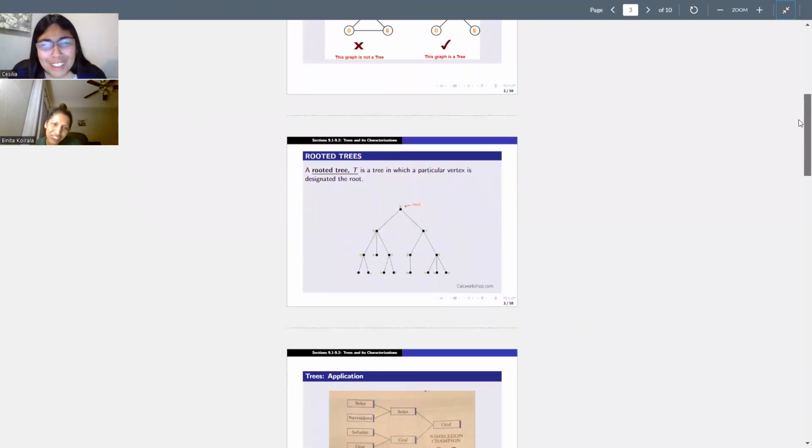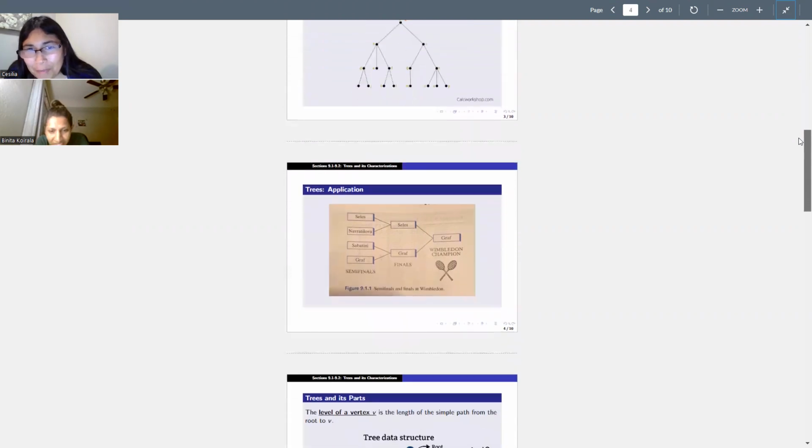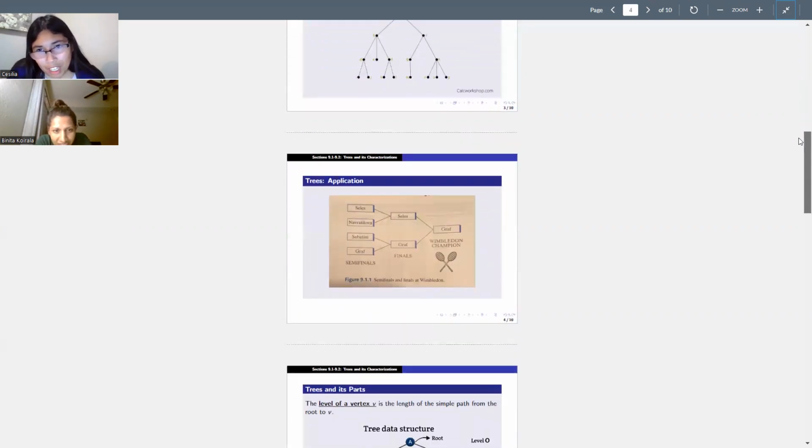A rooted tree: a rooted tree T is a tree in which a particular vertex is designated the root. I call that the main, but okay, we'll go with root. And then trees application. This one is the root of the Wimbledon champion. The graph is the champion, and then you have the tree that follows along, but it's still a simple tree.